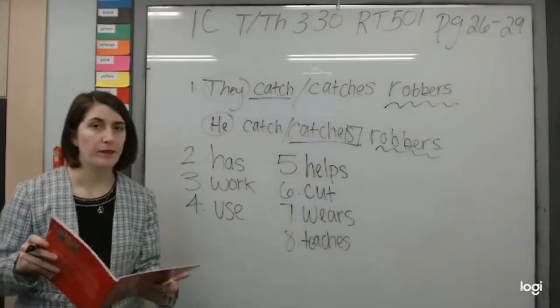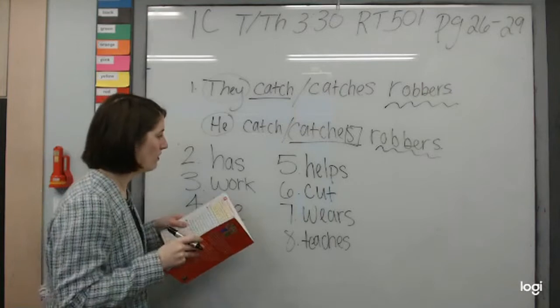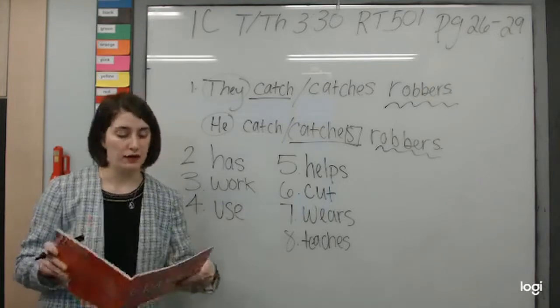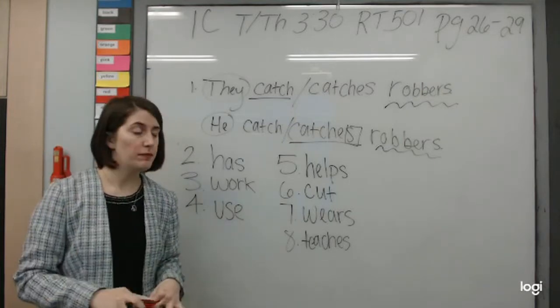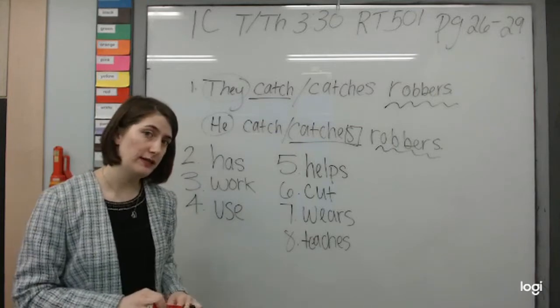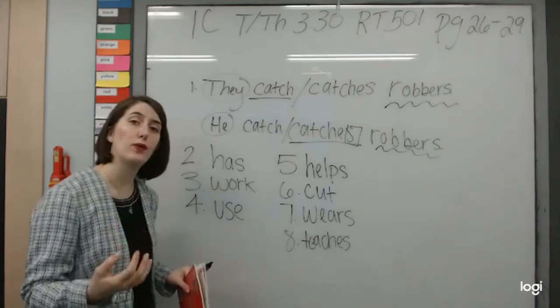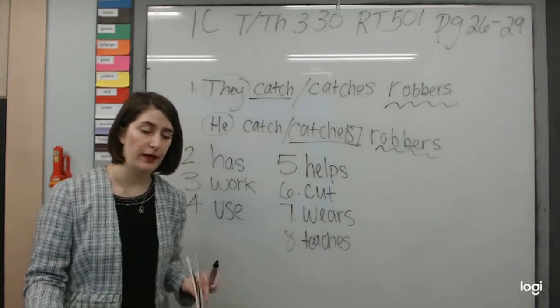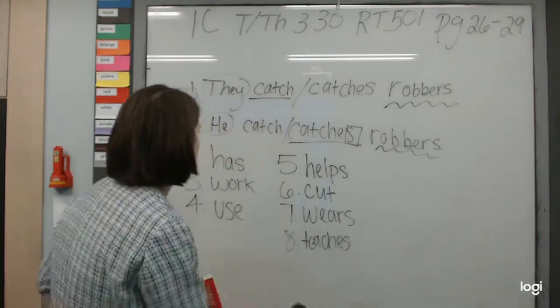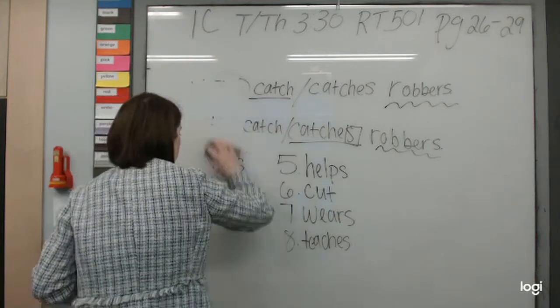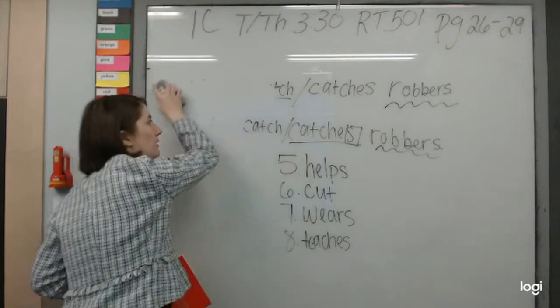So, that is the end of our first section. It was a little tricky, but I think we're getting the hang of things because we're understanding the rule of verbs better. All right, let's try section 2 together, okay?